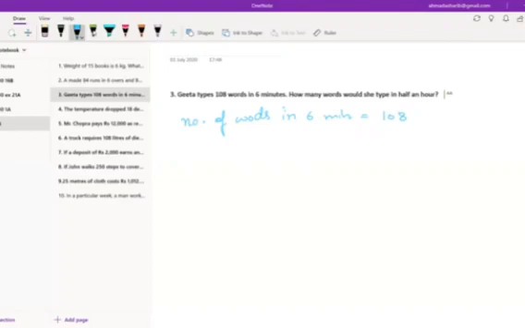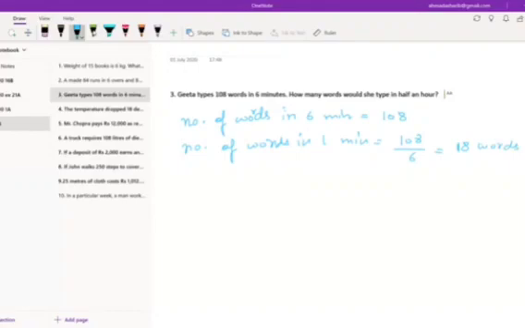So number of words in 1 minute is equal to 108 upon 6. So 6 ones are 6 and 4 carry, 6 8s are 48. So 18 words. So in 1 minute, she is typing 18 words.